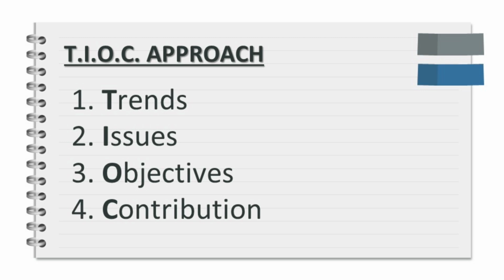Number 1, trends. Provide current situation or the current state of knowledge. Gumamit ng mga current citations sa pagbuo ng trends ng introduction. Number 2, issues. Based from the provided trends, evaluate the situation or state of knowledge ng inyong research problem.